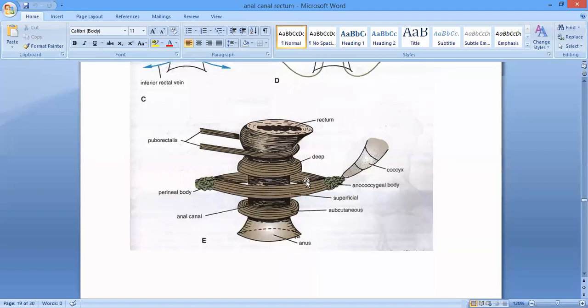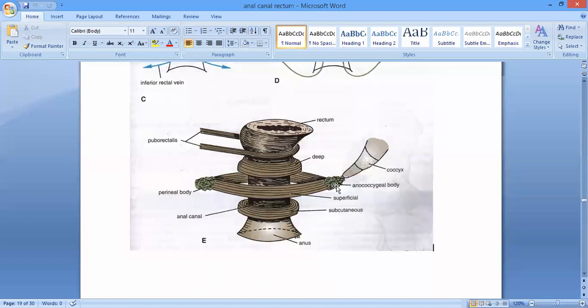And this superficial part has its attachment anteriorly to the perineal body. I told you what structure lies anterior to the anal canal: the perineal body, a fibromuscular body, whose purpose is to give support to the anal canal, to hold it in its place, right? And posteriorly, again a fibromuscular body, called the anococcygeal body, attaches this anal canal to the coccyx, again to give support and hold the anal canal in its place, right?